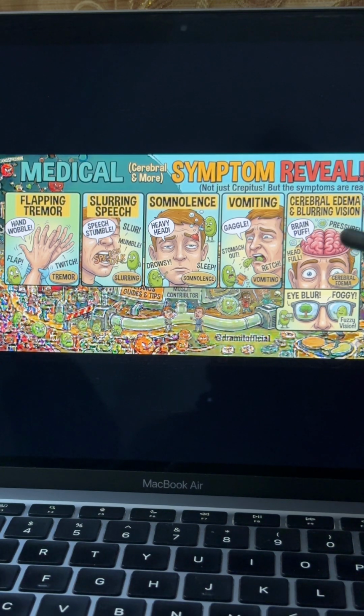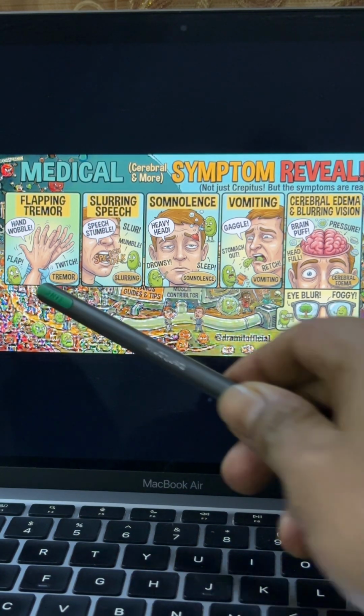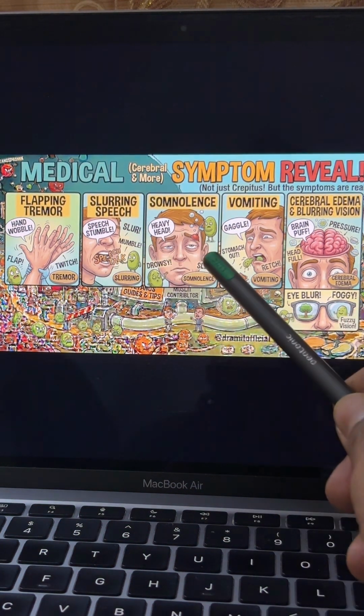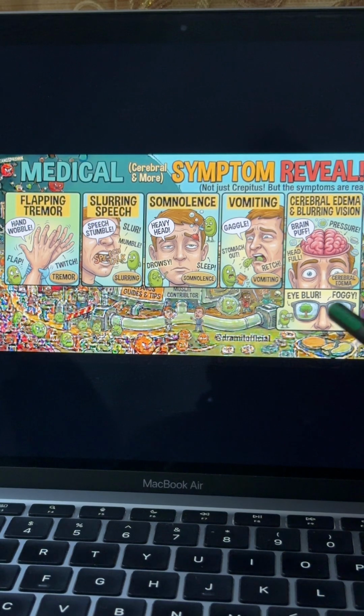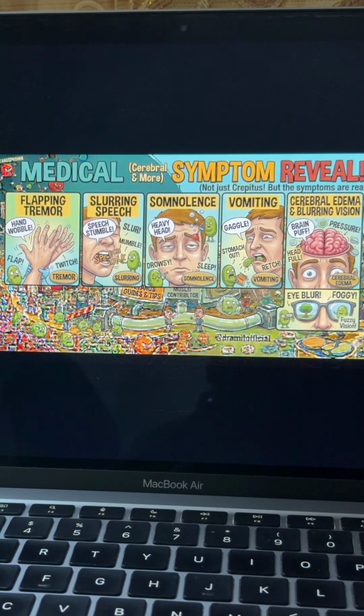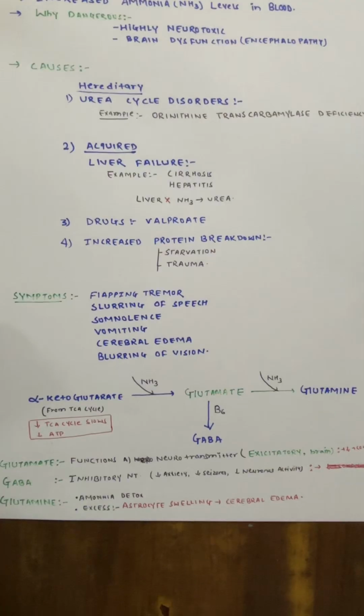Then blurring of vision, the patient can't see properly, the eyes are blurred and foggy. So: flapping tremor, slurring of speech, somnolence, vomiting, cerebral edema and blurring of vision. These are the main clinical symptoms you'll get in a patient. Just remember this figure and you can remember all the symptoms.